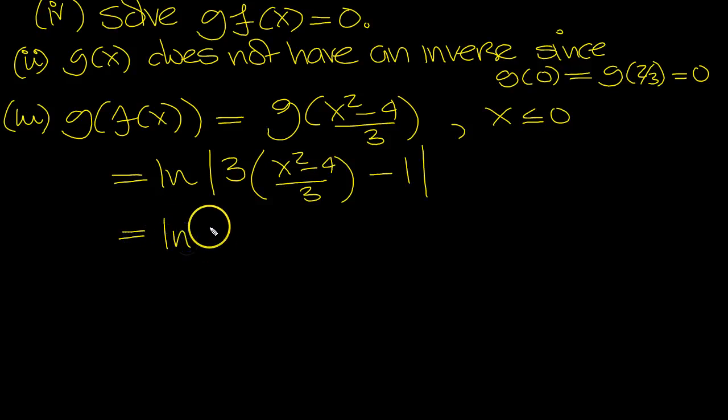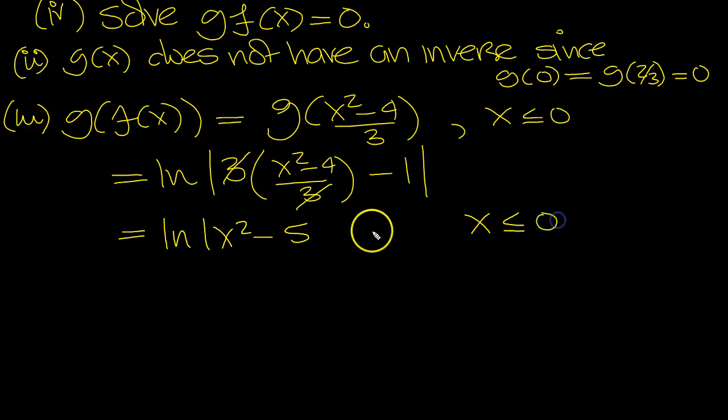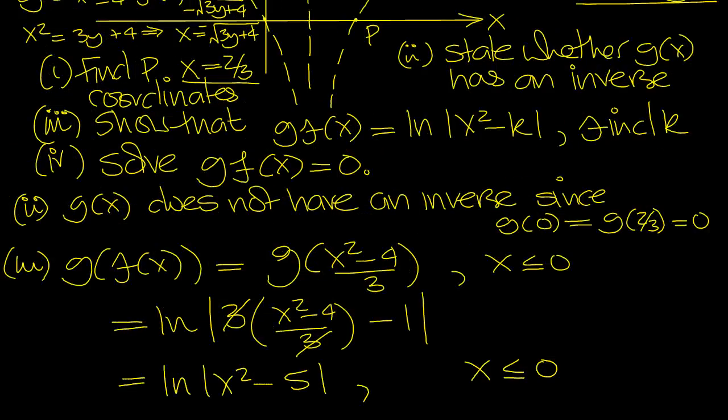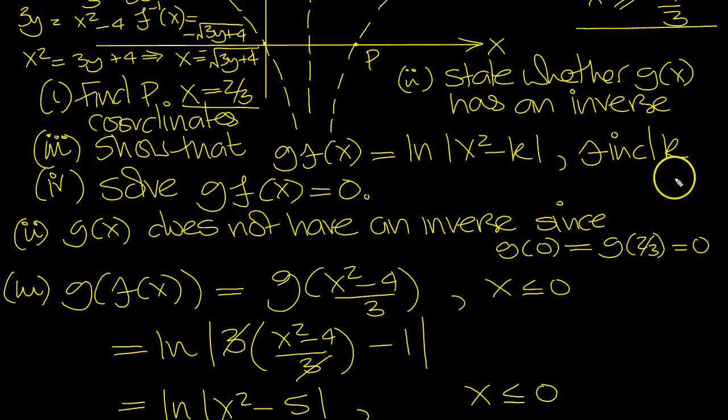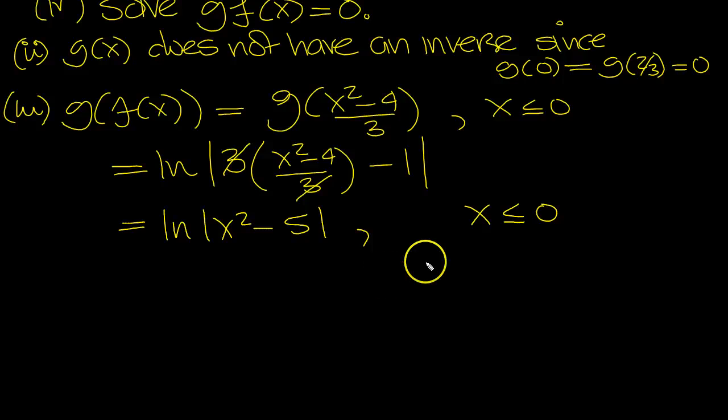Log of x squared, the 3's will cancel, minus 4, minus 1 is minus 5. And this is when x is less than 0, and this is a modulus, isn't it? So we get that, and that's what we wanted to show. Find k. So k is equal to 5.